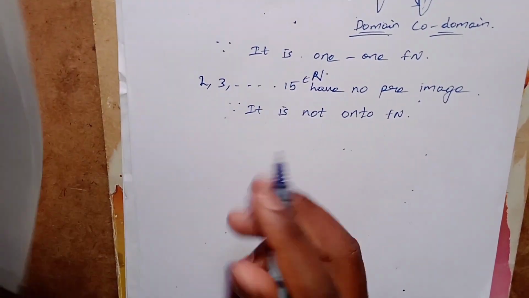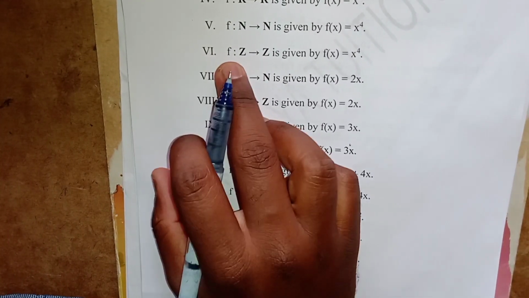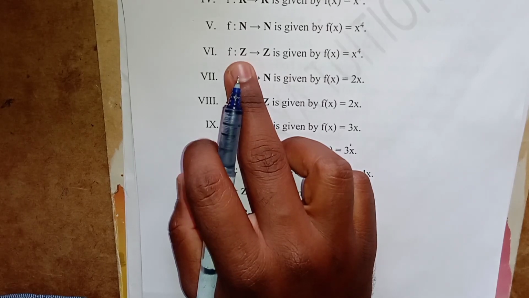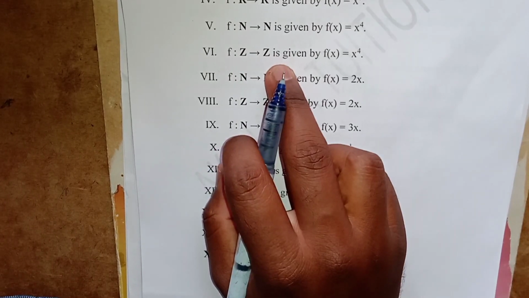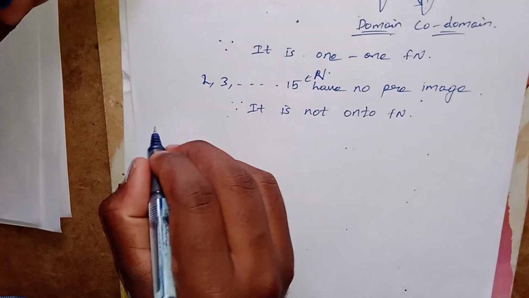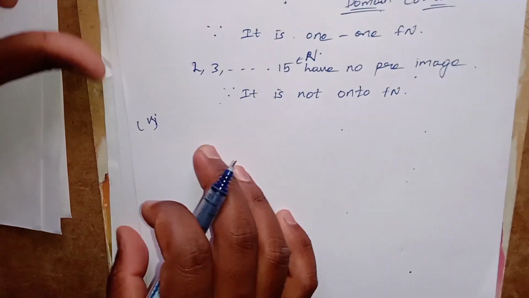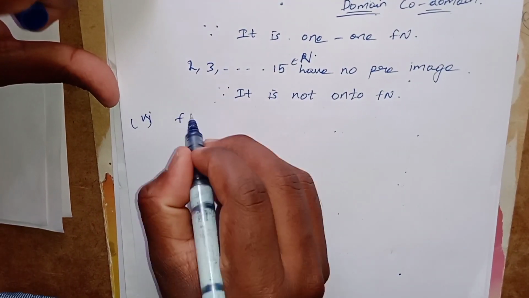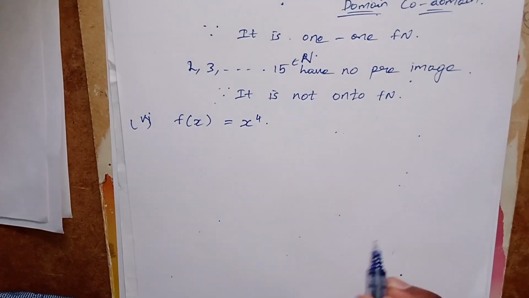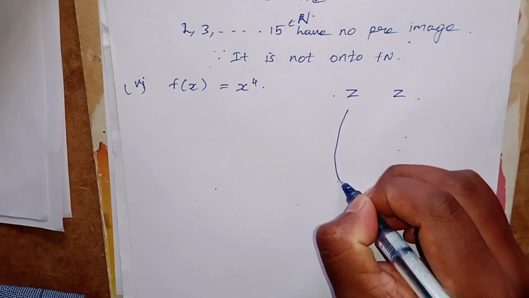Okay, next subdivision 6. Here the function from Z, integers, to integers is given by f of x equal to x power 4. Same as subdivision 4, here f of x equal to x power 4, but here it is integer to integer.